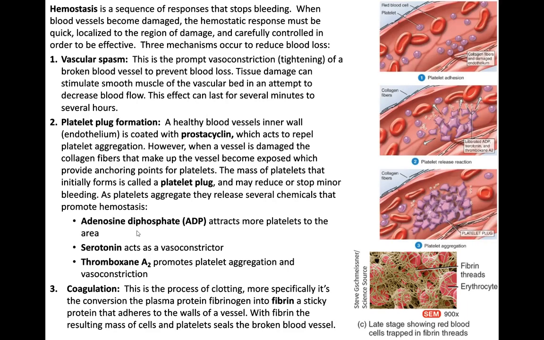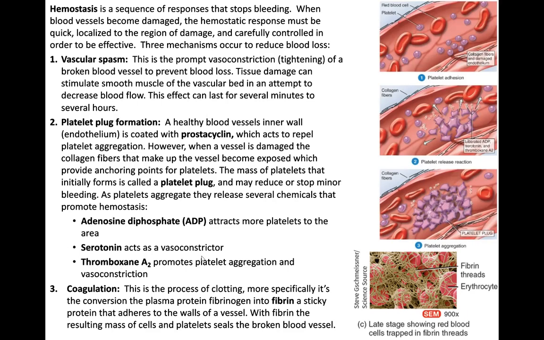ADP, adenosine diphosphate, we've talked about before, helps attract more platelets to the area. Okay. Serotonin is a prominent vasoconstrictor, and so is thromboxane A2. So these 2 help with the vascular spasm aspect of things to cause that vasoconstriction in that broken blood vessel to occur. Okay.